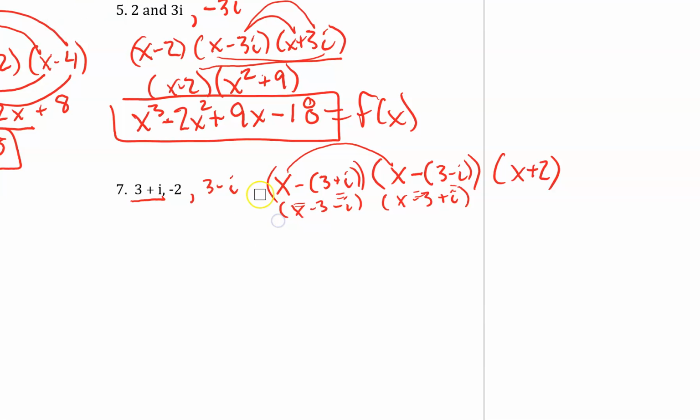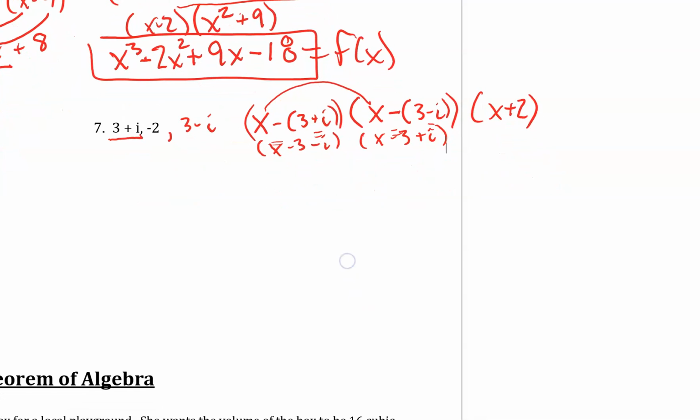So, the first part, x squared minus 3x plus ix.